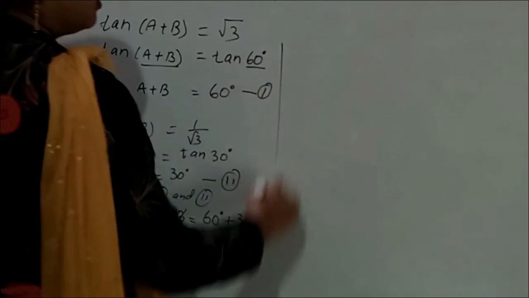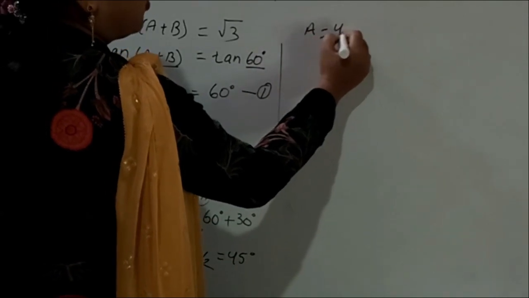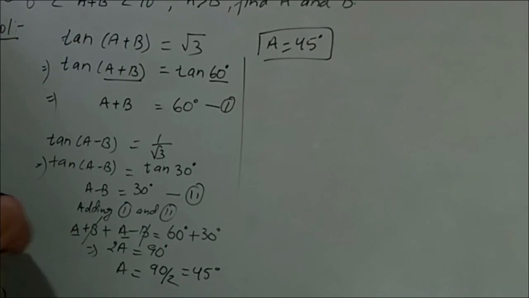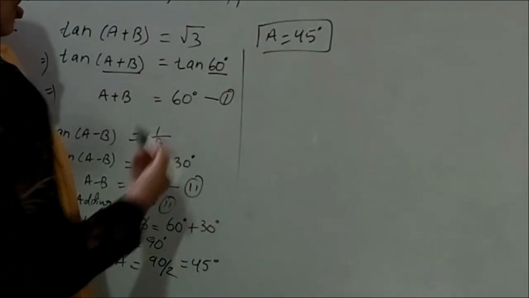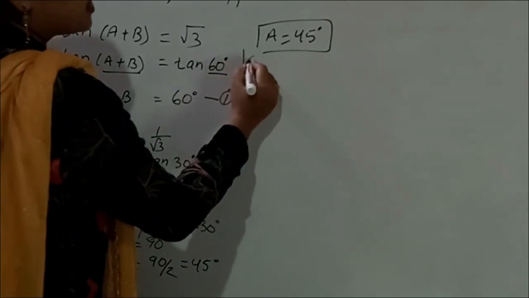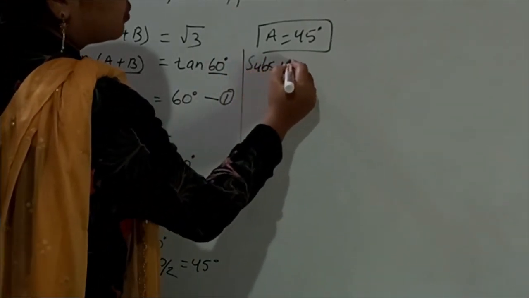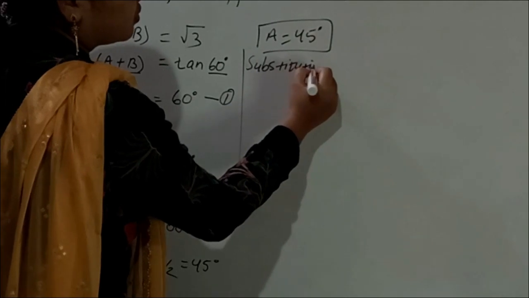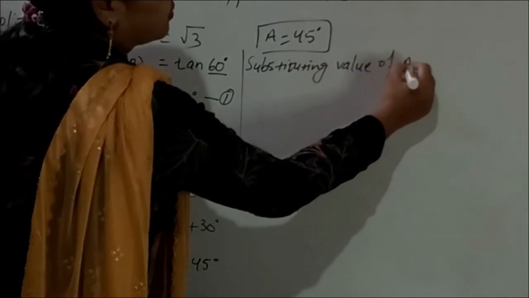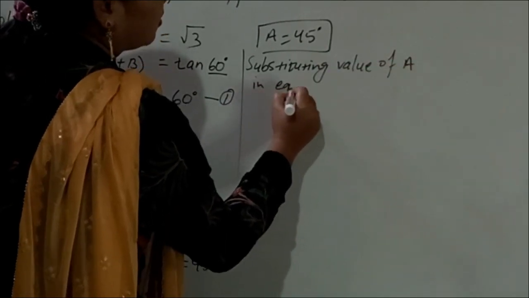So a equal to 45 degree we got. Now we have to find b. So this value of a, substitute in equation 1.